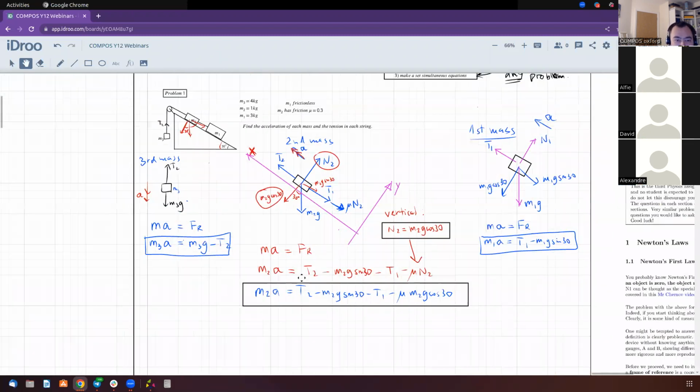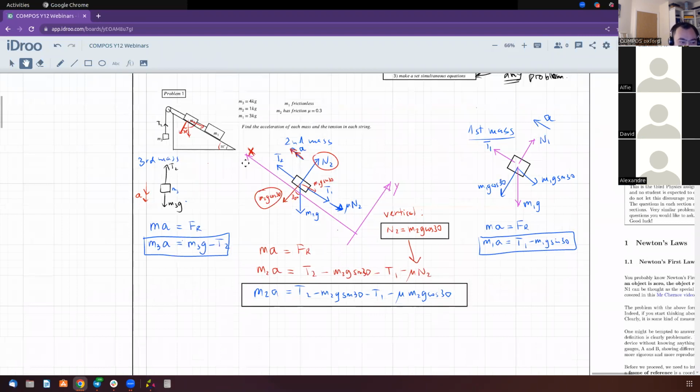All right. And now we just plug everything in. We take the first equation. So M3 is 4. So 4A is equal to 4G. G is 10. So 40 minus T2. Then we have M2 is 1.